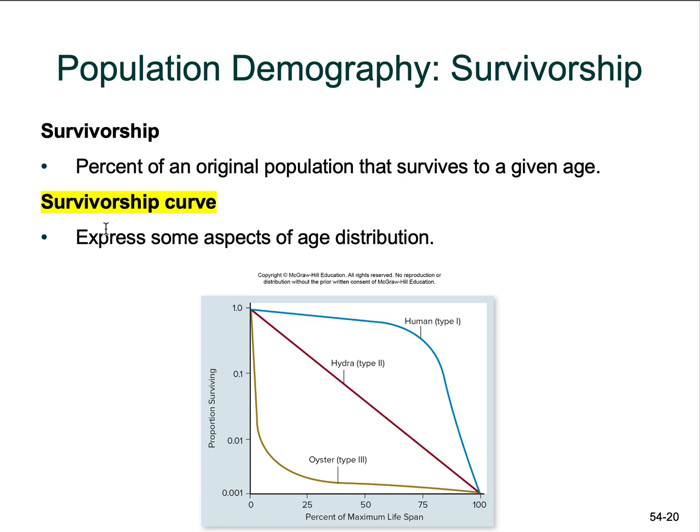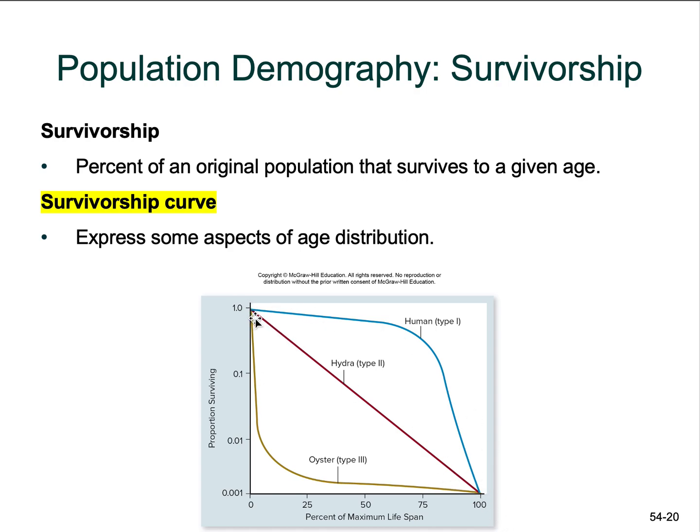When we are talking about populations, specifically survivorship and survivorship curves, this is a really good graph that shows you known patterns of animals and their life expectancy. For humans, the type 1 survivorship curve is saying that they live a long time, basically until 100.